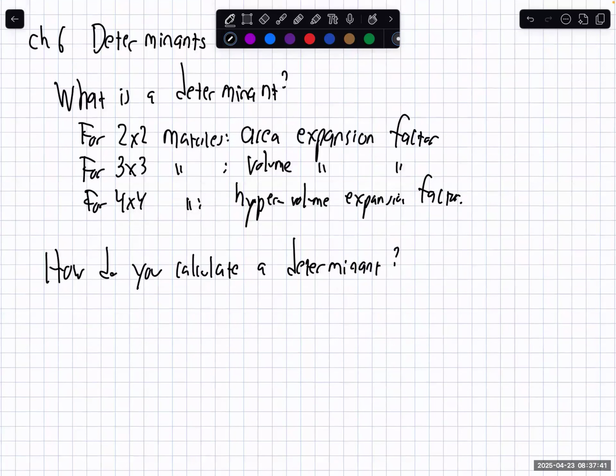For 2 by 2, first of all, the determinant can only be calculated for square matrices.